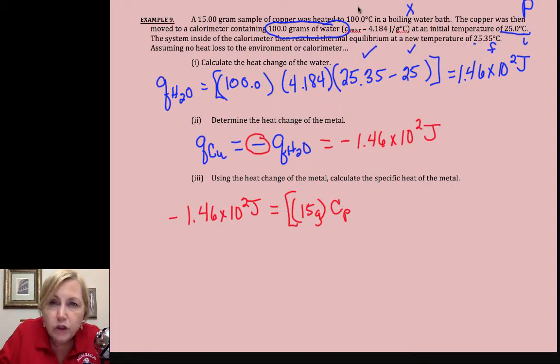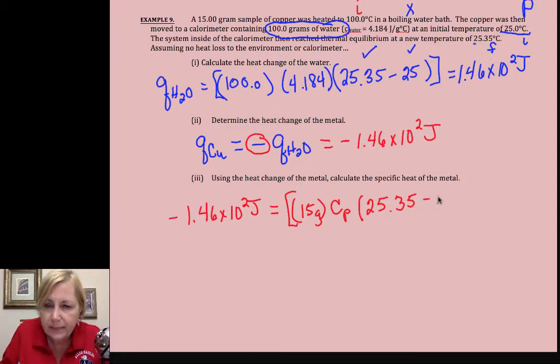Now my copper started at an initial temperature of 100 degrees. We popped it in the water, we left it there long enough for thermal equilibrium to be achieved. That means the temperature is going to transfer until both of them are at the same temperature. And so that's my initial, and this time the final's the same. Okay, the copper and the water, the copper will transfer heat to the water till they're both the same.